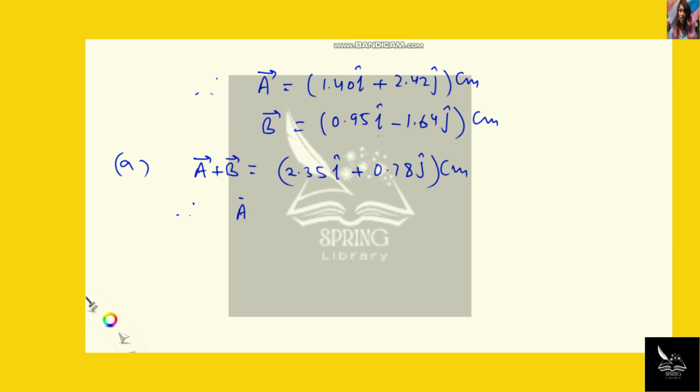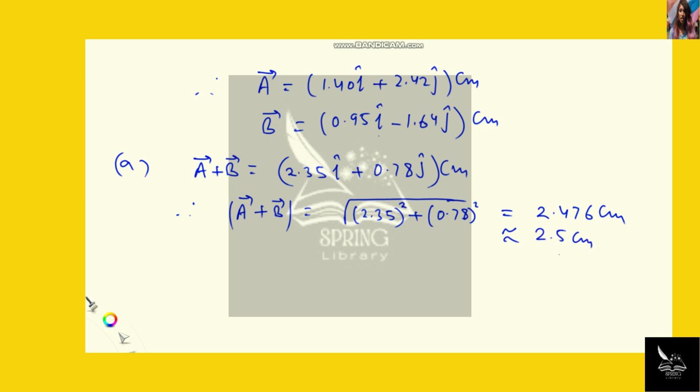So its magnitude, that will be given by square root of square of 2.35 plus square of 0.78, and it is calculated to be equal to 2.476 centimeter or approximately 2.5 centimeter.